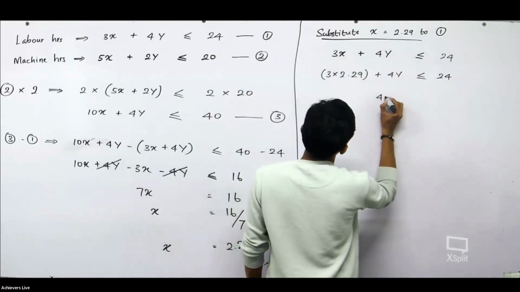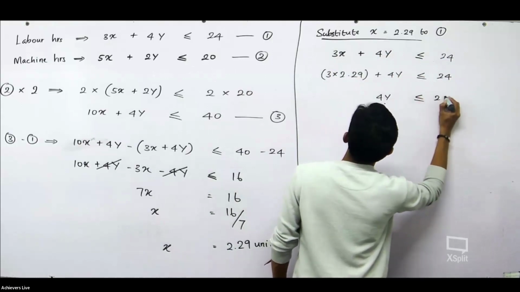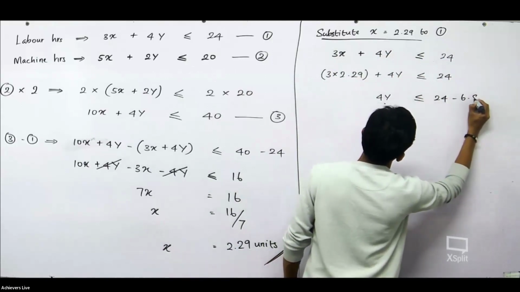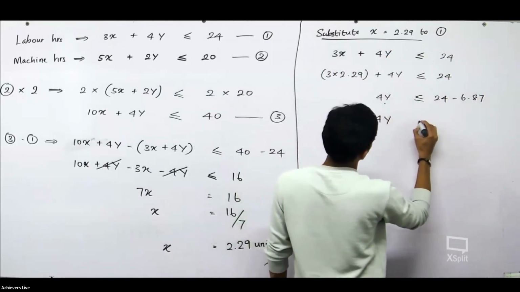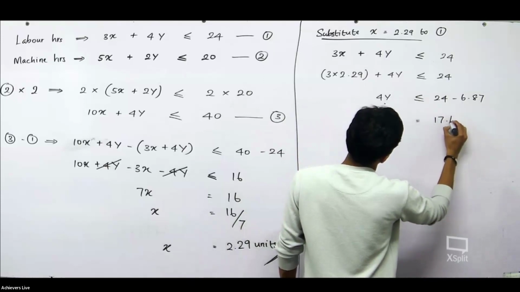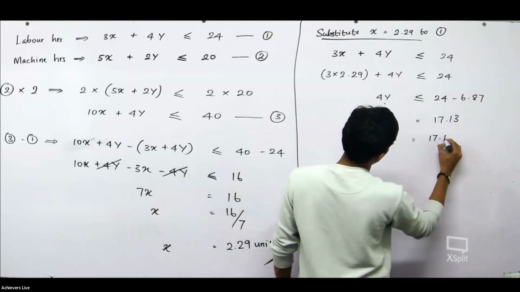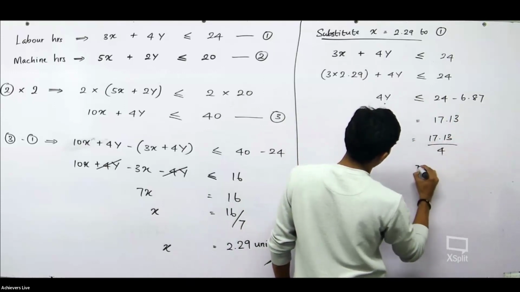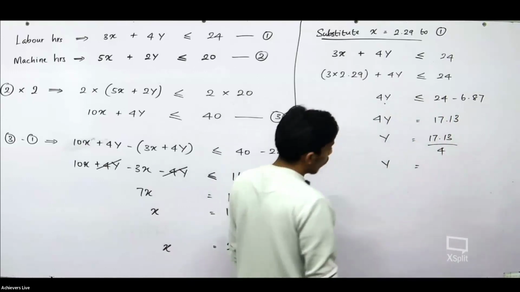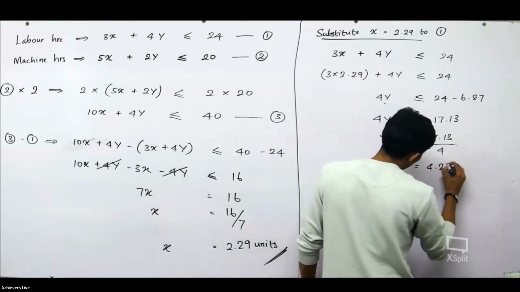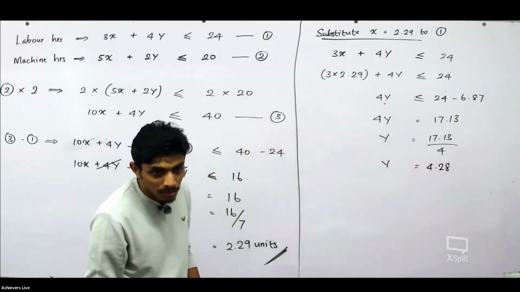So 4y equal or less than 24 minus 6.87. Correct? Yes. So 4y equals how much? 17.13. Then y equals 17.13 divided by 4, how much? 4.28. Got it? Yes? Right.